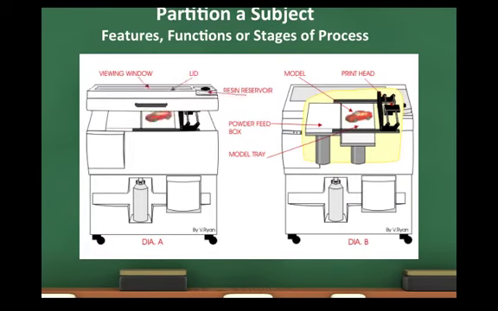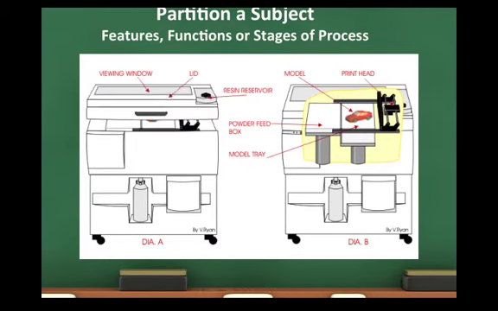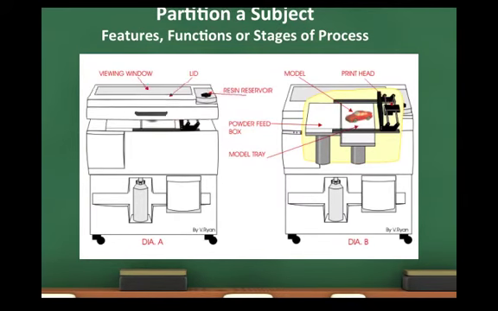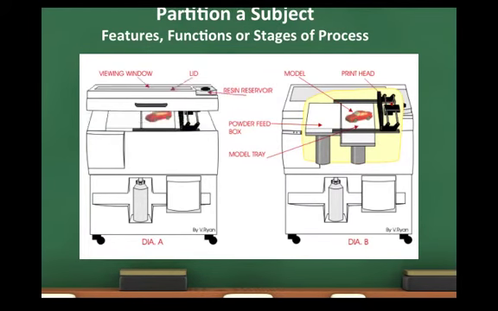Okay, it was mentioned in last class, as we say, I'm building a layer cake, and partitioning a subject is something that you can do. I give you an example here of a 3D printer, and you can see how the different features or parts have an arrow to them.